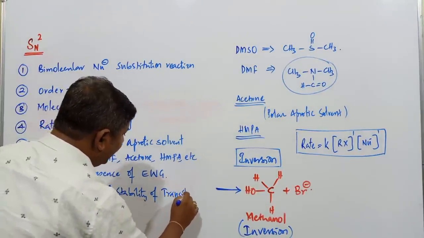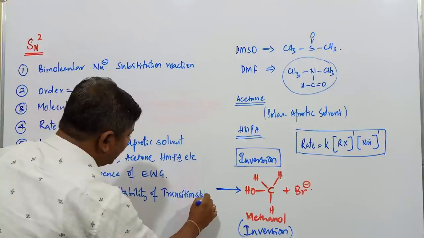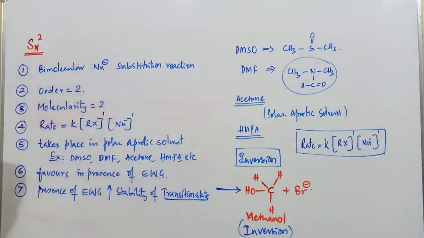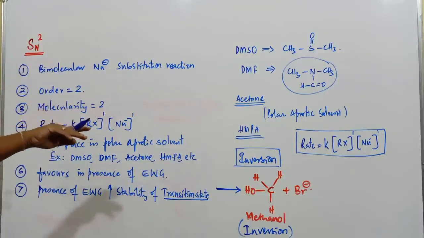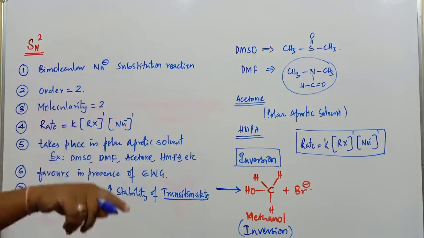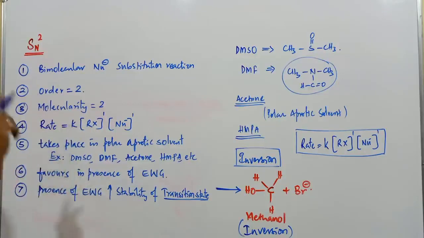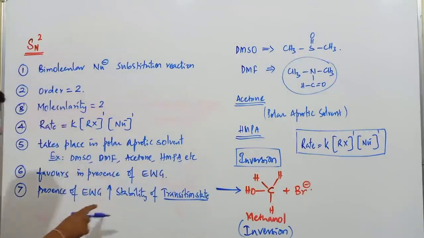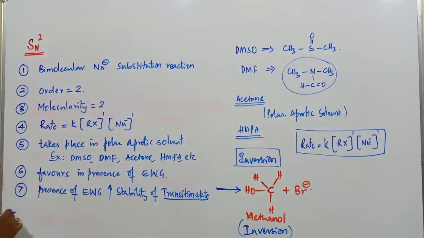Just now in the mechanism you came across the transition state. But SN1 mechanism takes place through the formation of carbocation. Greater the stability of the carbocation, greater is the rate of SN1 mechanism. But here, instead of carbocation, a transition state is formed, so this transition state becomes more stable in the presence of an electron withdrawing group.